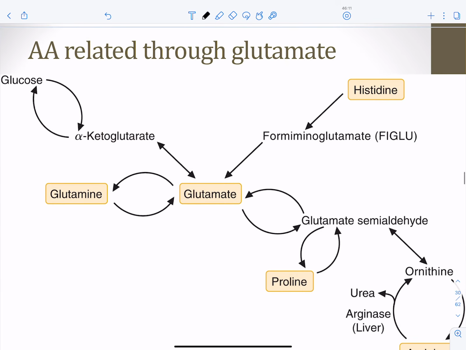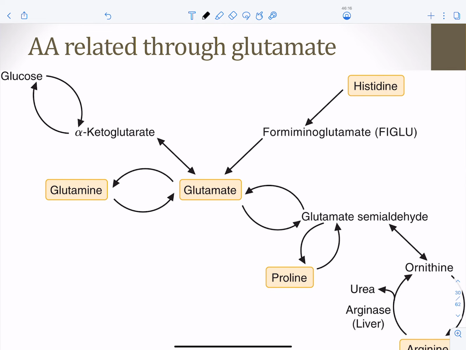So we have amino acids that are going to be related through glutamate. And so these amino acids, it's important because glutamate, of course, is an essential excitatory neurotransmitter. So it's very important in the brain.